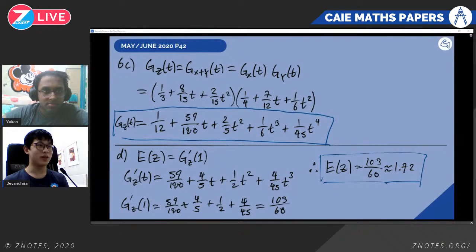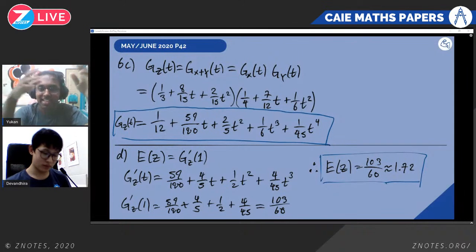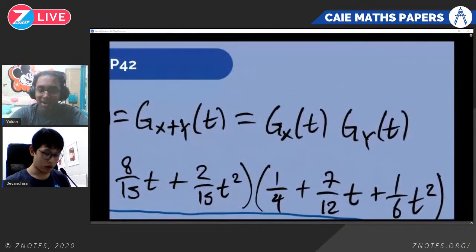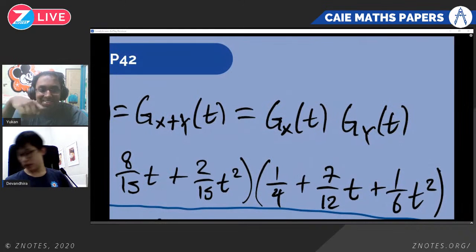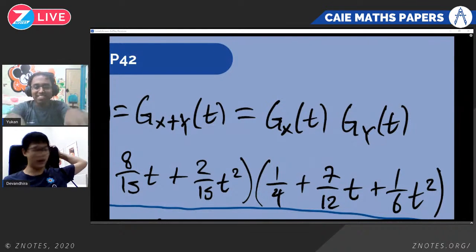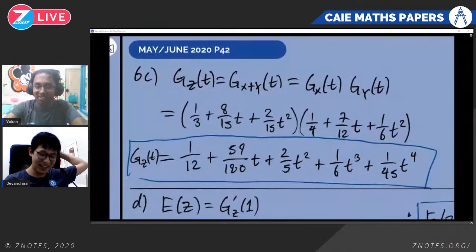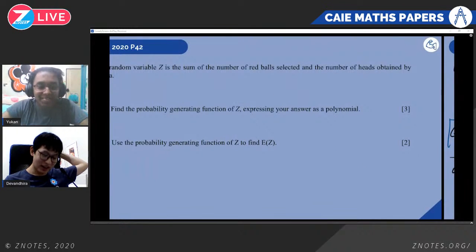What do you think of the paper? Well, some of the questions I couldn't do because I haven't learned them, but the questions that I could do were fine. Thankfully, this one was in the formula sheet. For this particular question, it is useful to remember the rule on top, or else you'd have to make the table for everything and go up to the power of four, which can be a lot more tedious than this simple polynomial expansion. It's just 3 marks.